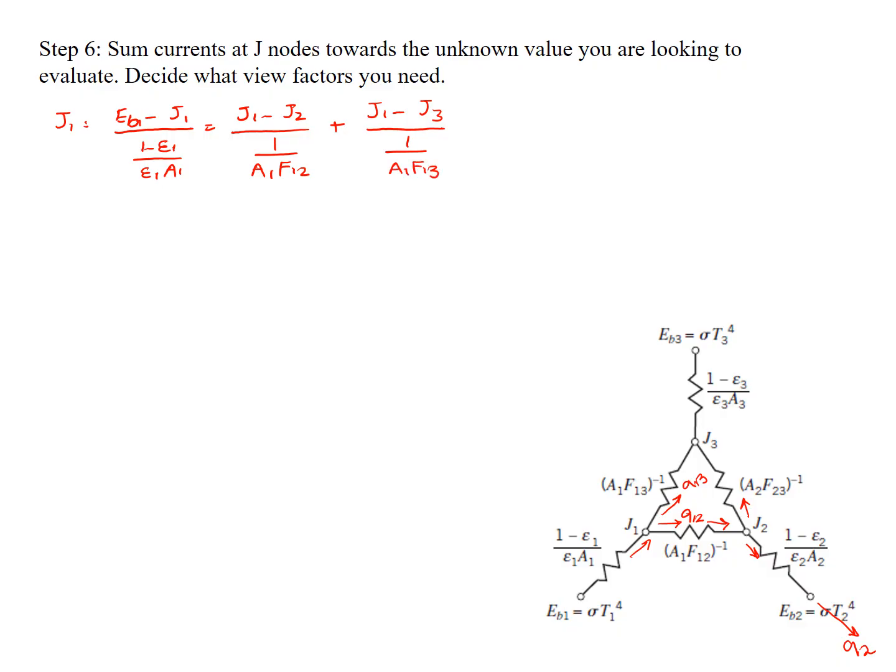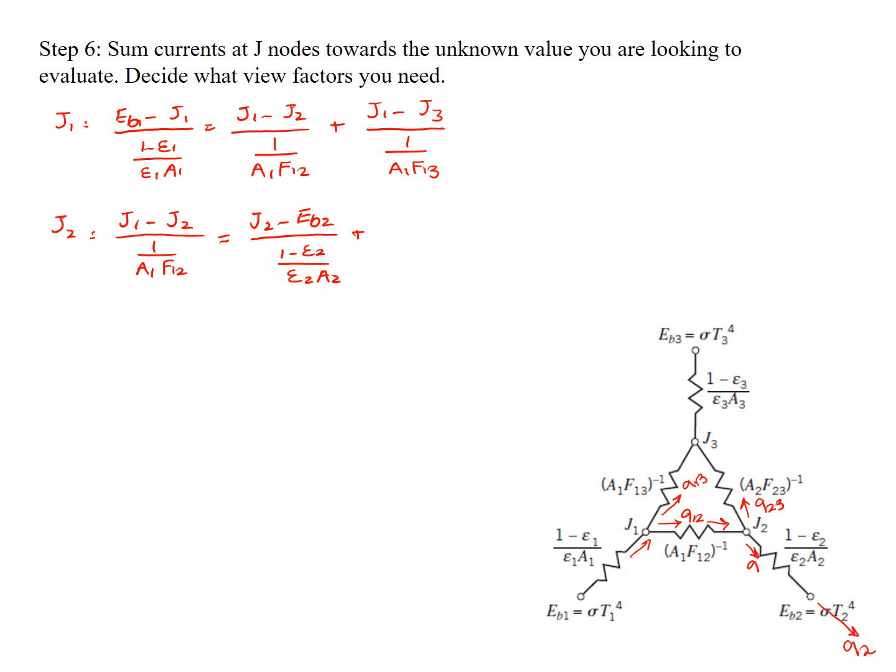I can do the same for node 2 as well. So I'll write the balance for J2, and I'll be able to say that (J1 minus J2) divided by 1 over A1 F12 is equal to (J2 minus Eb2), which is my Q2 that I'm looking for, divided by (1 minus epsilon 2) over (epsilon 2 A2), plus J2 and J3, in other words this Q23.